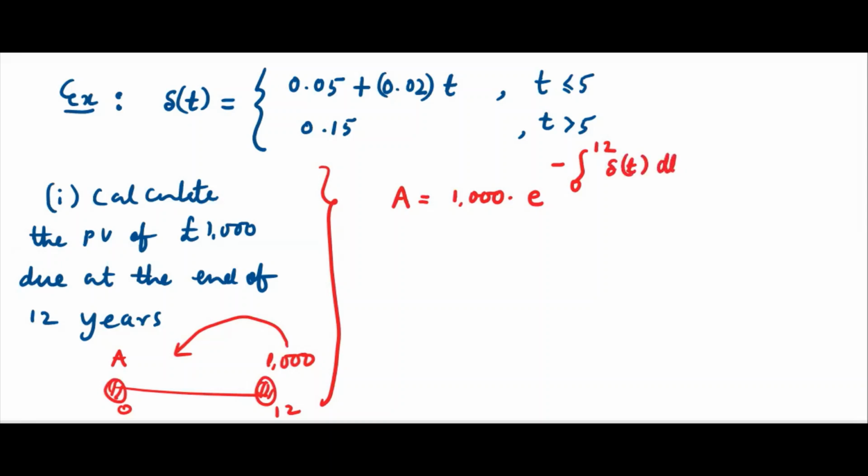Now delta t is not the same. This is 0.15 after t is greater than 5. So we have to do it that way.